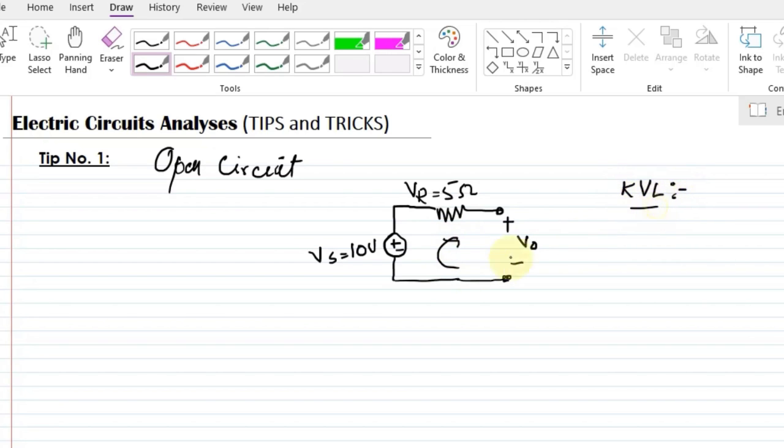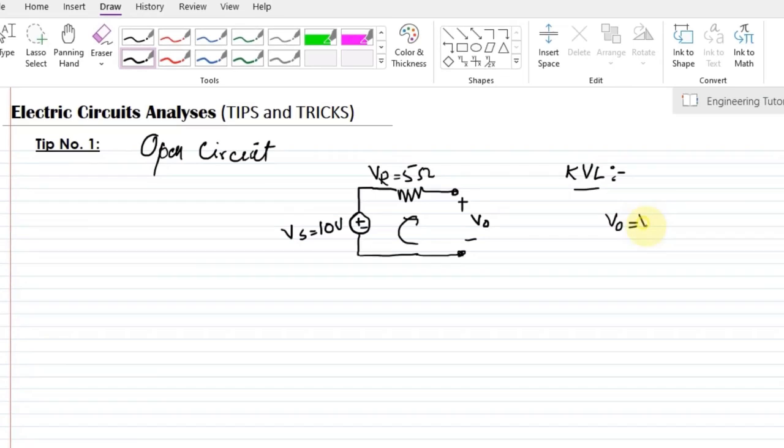In solving a circuit like this one, you have to write the value of V naught, and V naught can be calculated here as Vs minus Vr. This is the total voltage, and the difference between the source voltage and the voltage consumed across the resistor will give me V naught.